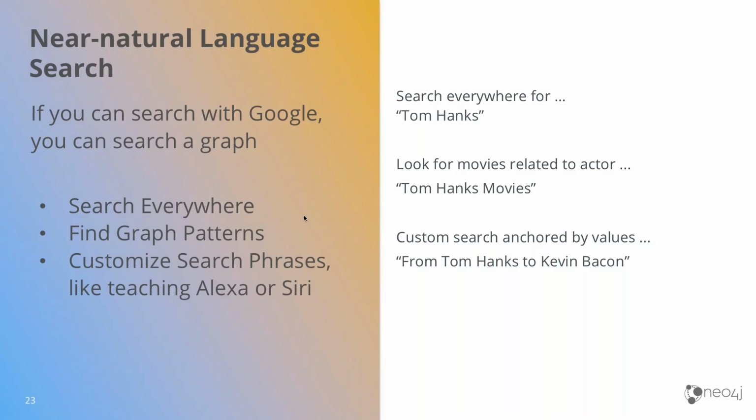Or I might be interested in a custom search phrase. So a custom search phrase is basically similar to what you might do with Alexa or Siri, where you would basically throw out a phrase, what is the weather today, right?